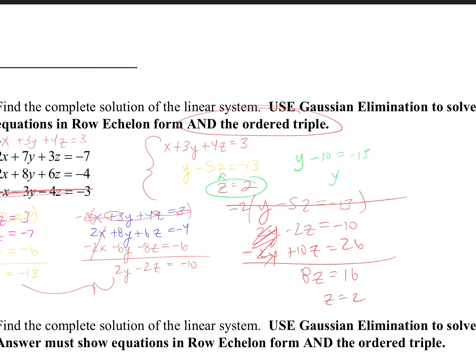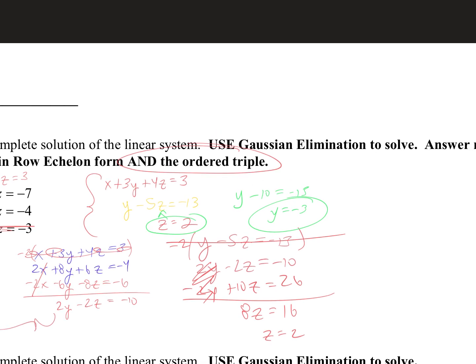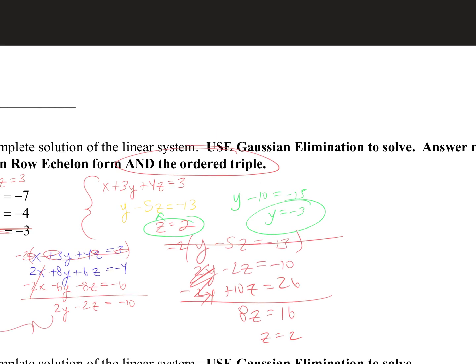So add 10 to both sides, y equals what? -3. Now I take this value and my z value to find x. So you have x plus 3 times -3 would be -9, plus 4 times 2 is 8, equals 3. So x minus 1 equals 3. So x equals 4. So your answer would be 4, negative 3, 2.